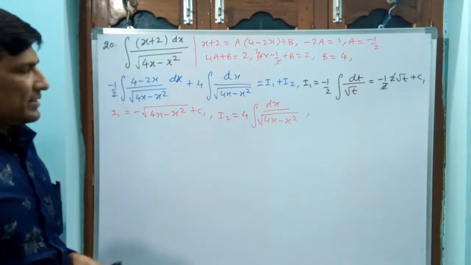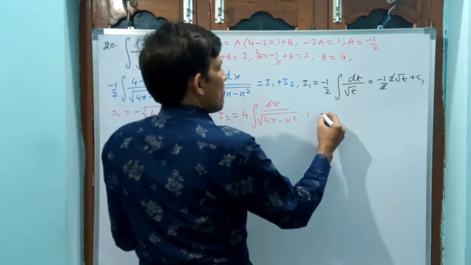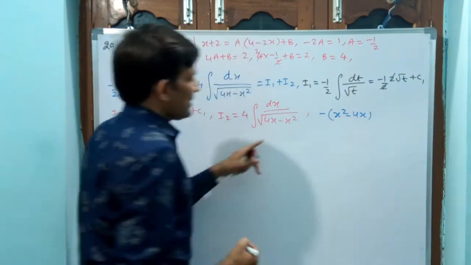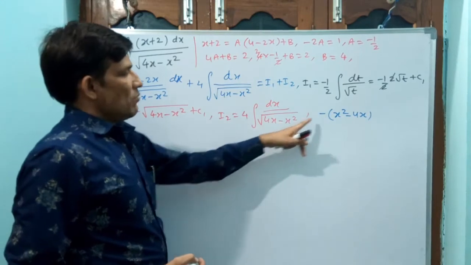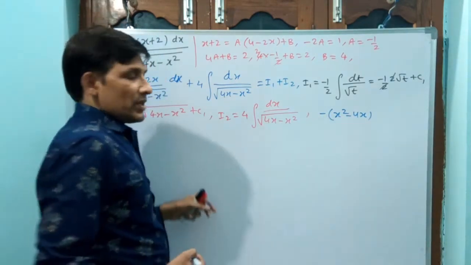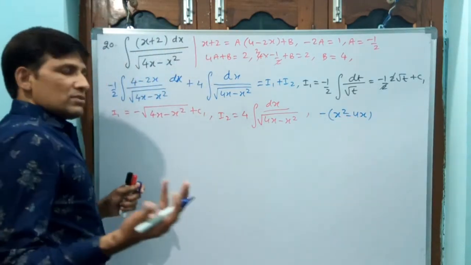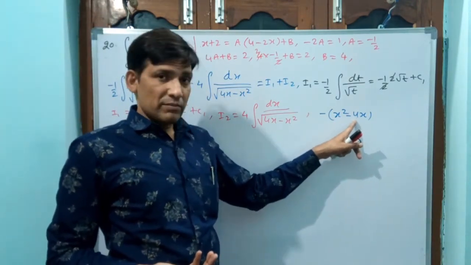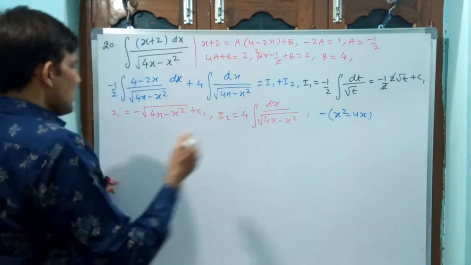Okay, see how I am writing this. That means you see minus of x square minus 4x. Shall I take like this? Minus x square plus 4x. Okay. See how I am splitting this. See, clear case of minus of x plus 2 whole square, minus 2 whole square. Sorry, x minus 2 whole square. You see what I am writing.